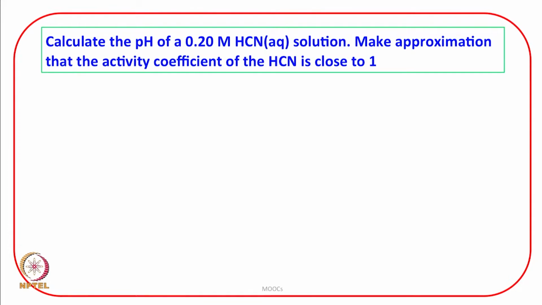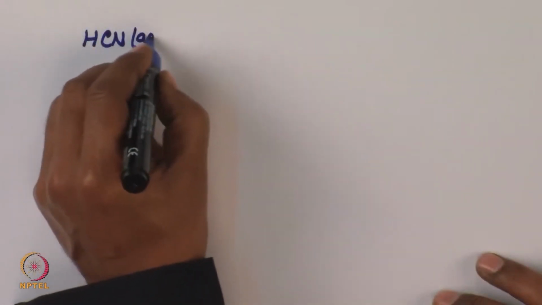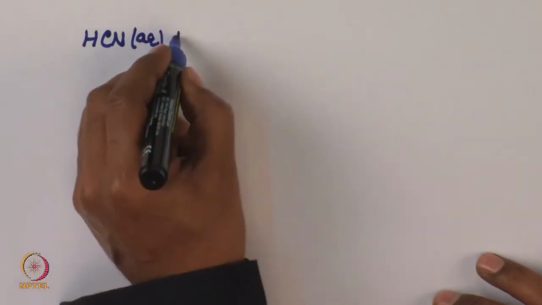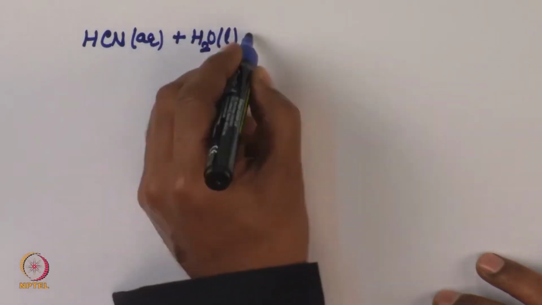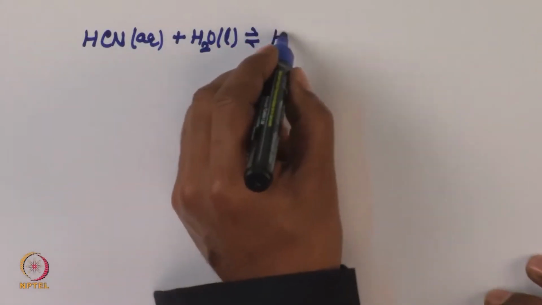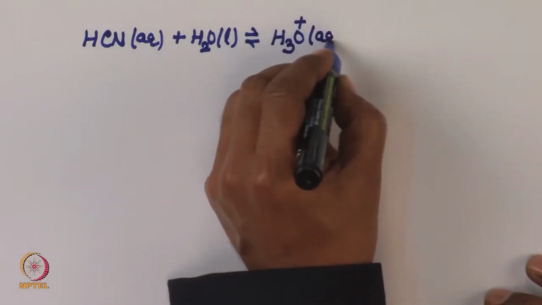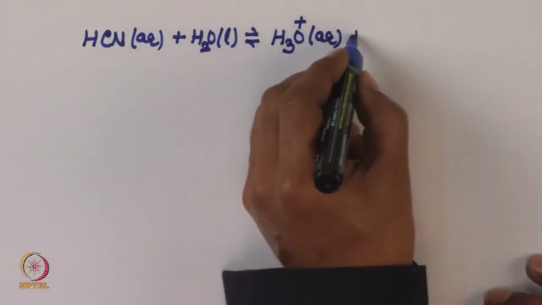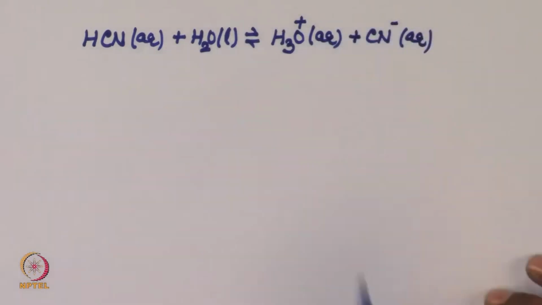We have HCN aqueous plus water liquid, and this is in equilibrium with H3O+ aqueous plus CN- aqueous. That is the ionization reaction over here.